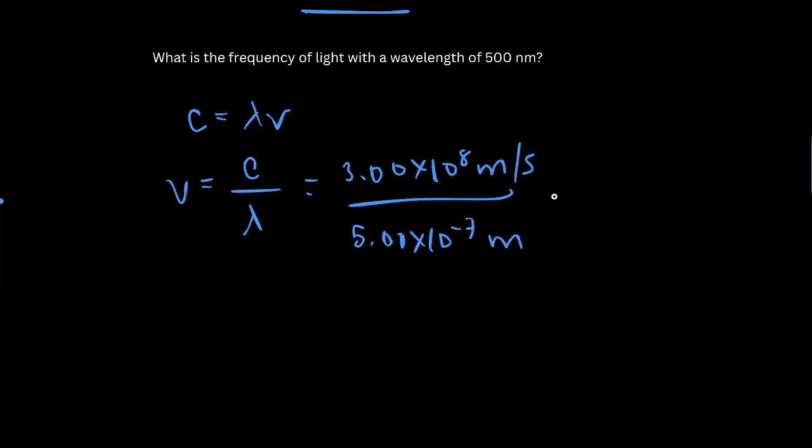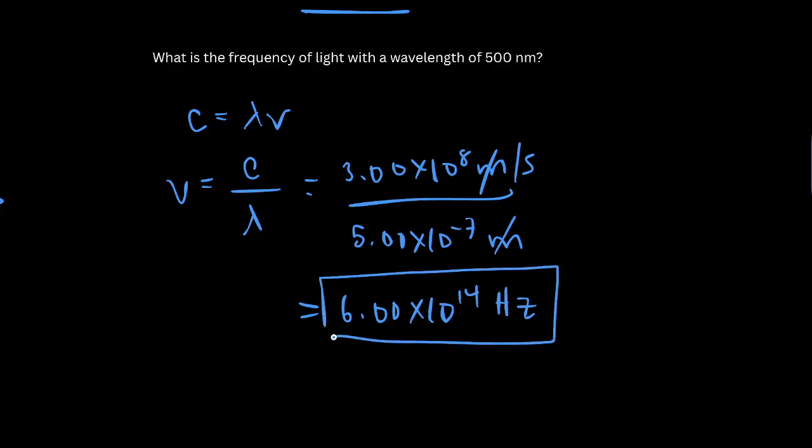And this then will give us our answer as 6 times 10 to the 14. We can see meters cancels out, giving us 1 over seconds, which we know is the same thing as hertz. So let's write it in units of hertz. This is going to be the frequency of our light with wavelength of 500 nanometers.